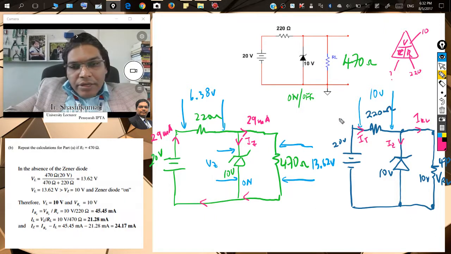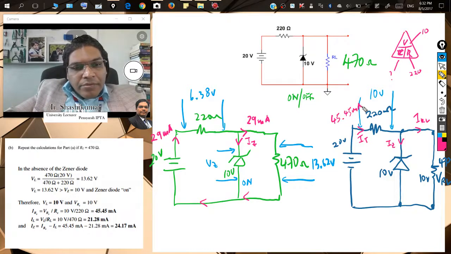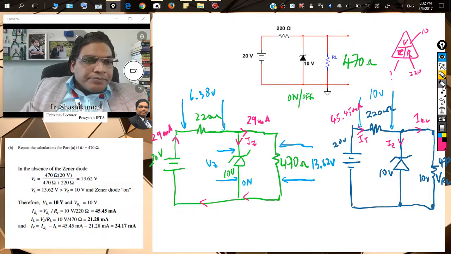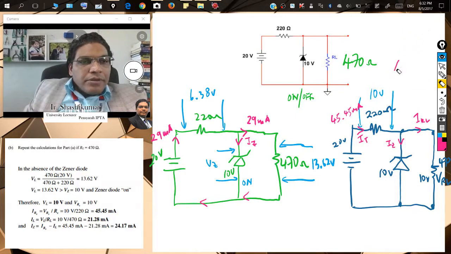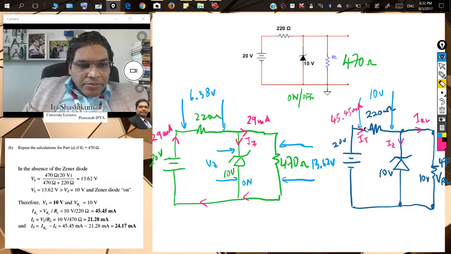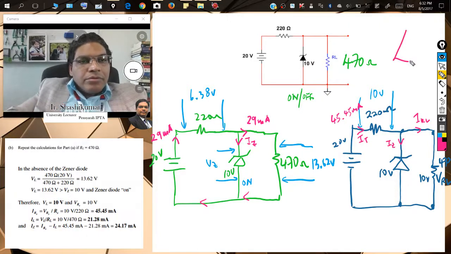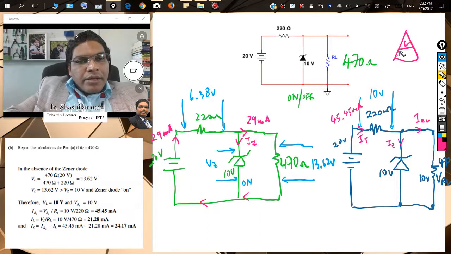So the current you get is 45.45 milliamps. That will be the total current that is passing through here. And now we want to know IRL. What will be the current IRL? Again, you can use the same rule, V equals IR.